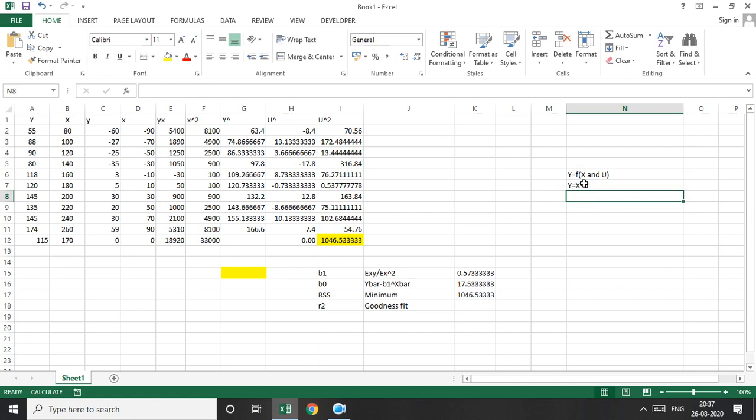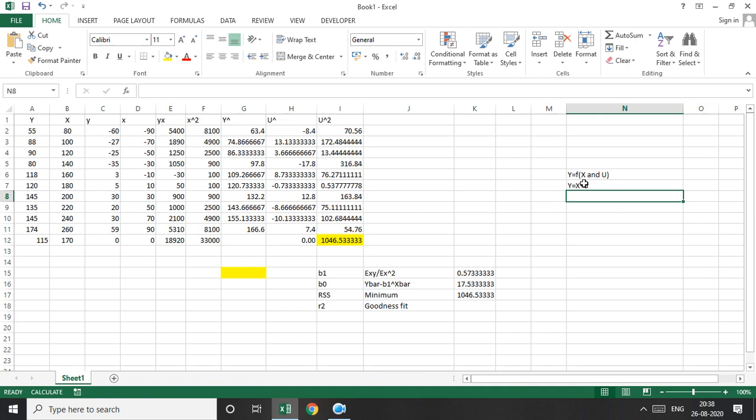We have to find out how much of the variation in Y is explained by X, and how much is not explained by X. If almost all the variations in Y are explained by X, then the goodness of fit of the model is good. Or if the variations in Y are not explained by X, then other variables not included in the model explain more of the variations in Y.